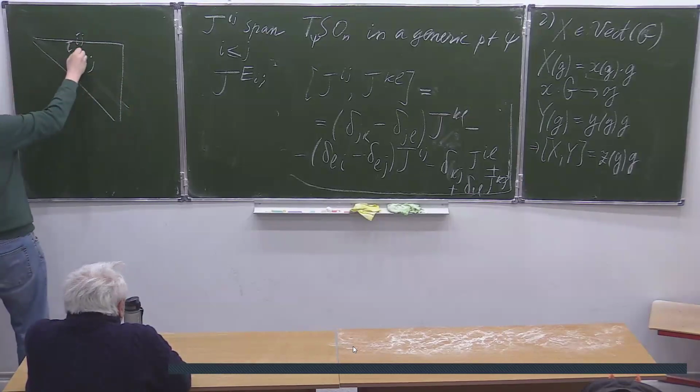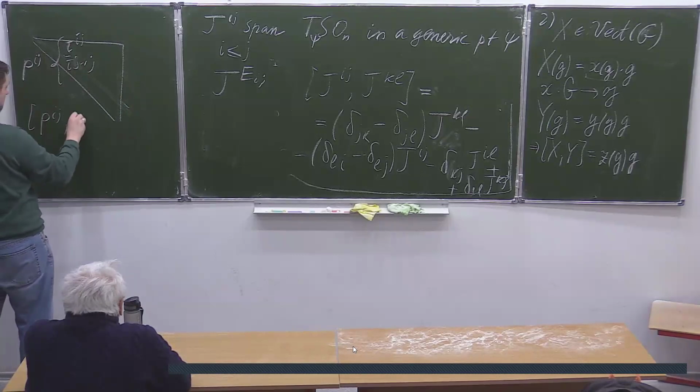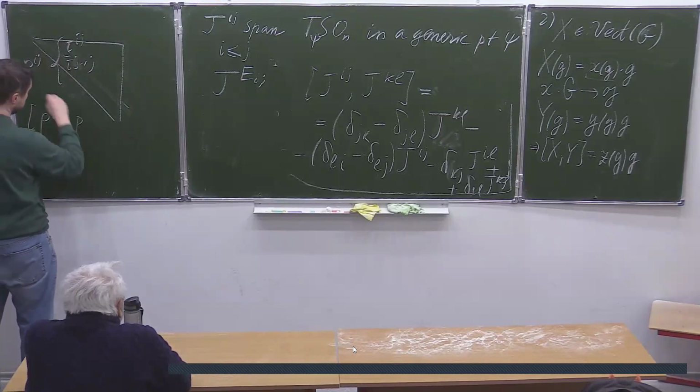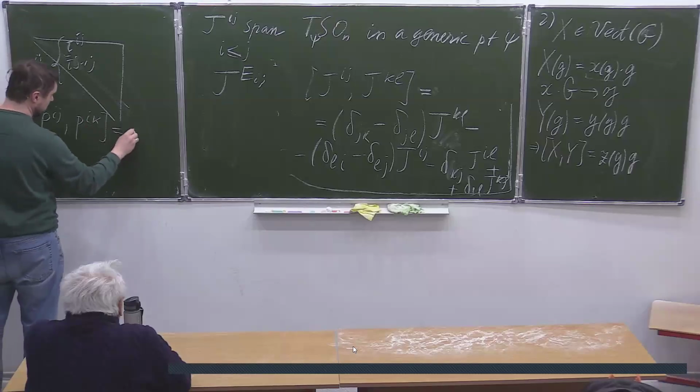Let's denote this difference by Pij. Then the commutator of Pij and Pik will be equal to 0.